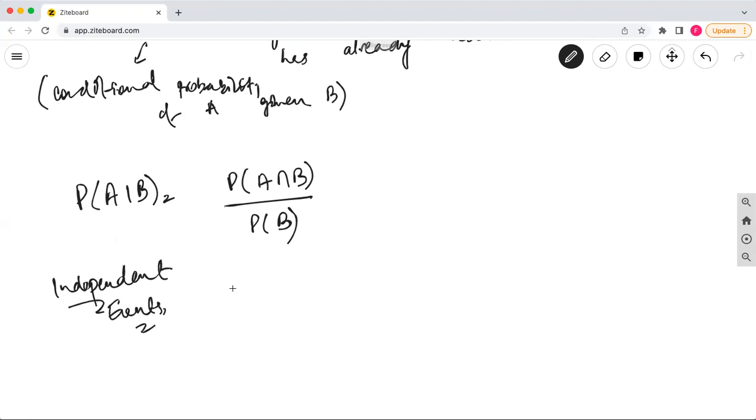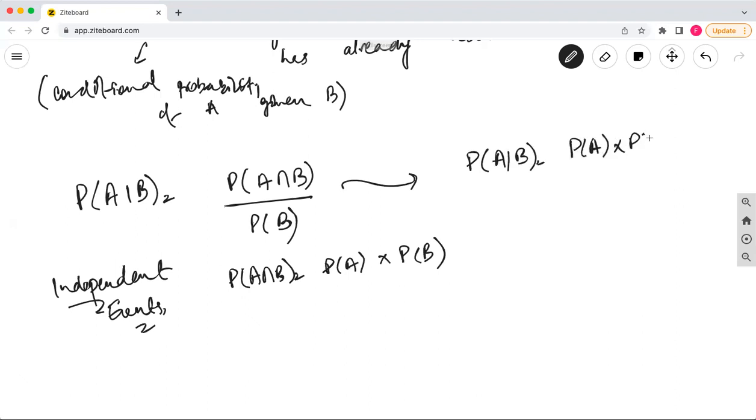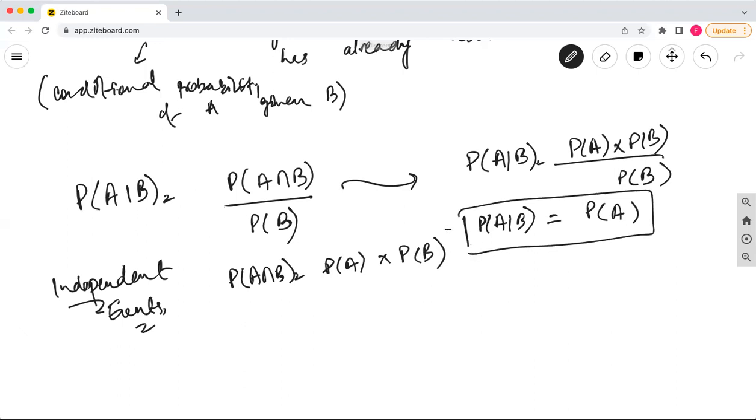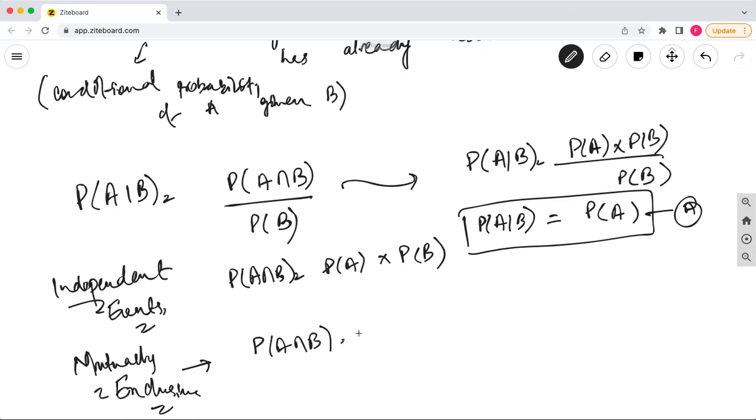In independent events, we discussed that the probability of A and B will be just the probability of A into probability of B. And if both are independent, then probability of A given B will be equal to probability of A into probability of B divided by probability of B, and this will equal probability of A. So if both events are independent, then their conditional probability, probability of A given B, will be equal to probability of A. And if they are mutually exclusive, then probability of A and B is equal to 0.